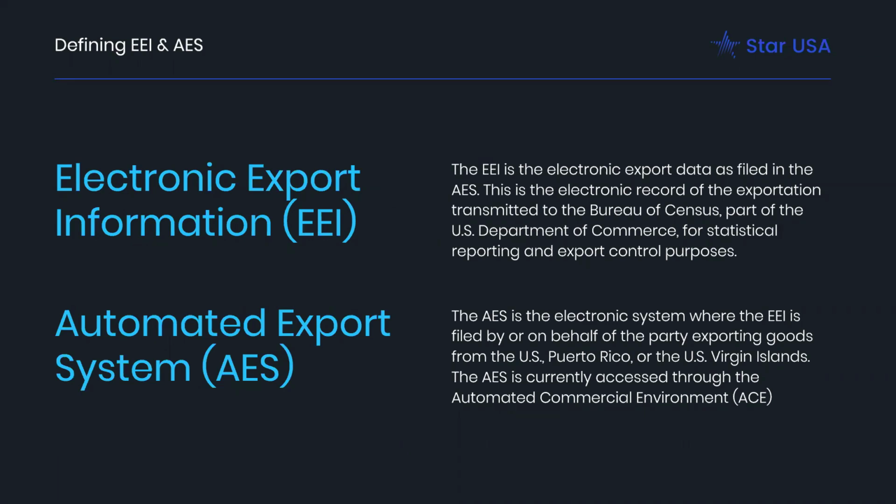The EEI is the electronic export data as filed in the AES. And the AES is simply the Automated Export System. That's the electronic system where the EEI is filed, and it is currently accessible through the Automated Commercial Environment, ACE. So this is your universe when applying the foreign trade regulations.